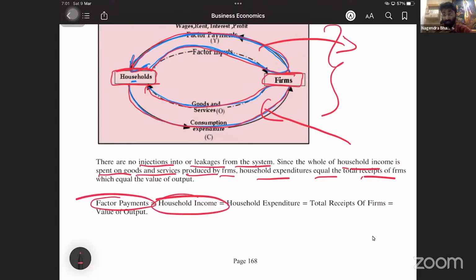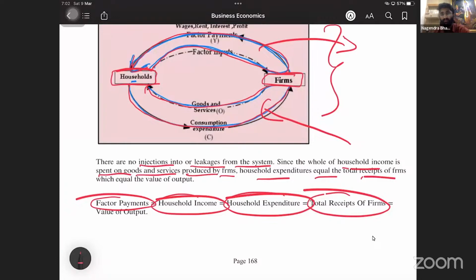Whatever they receive as factor payment is their income. What do they do with this income? They start spending. That is their household expenditure. Because there is no bank, they don't save, so everything they will spend. Whatever they spend is the total receipt of the firm.